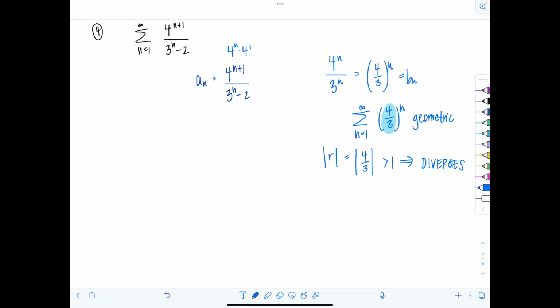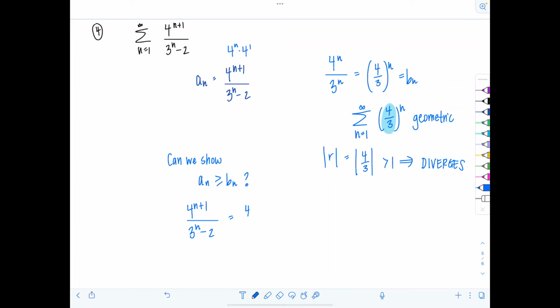Ooh, okay. If I'm going to use direct comparison, I need to show that the terms of our series are greater than or equal to the terms of this divergent geometric series. Can we do it? So 4 to the n plus 1 over 3 to the n minus 2.